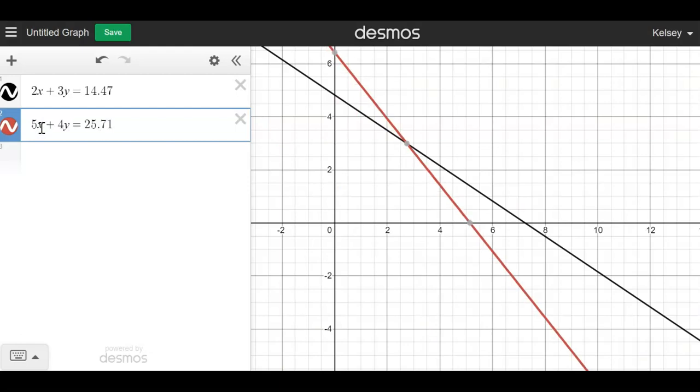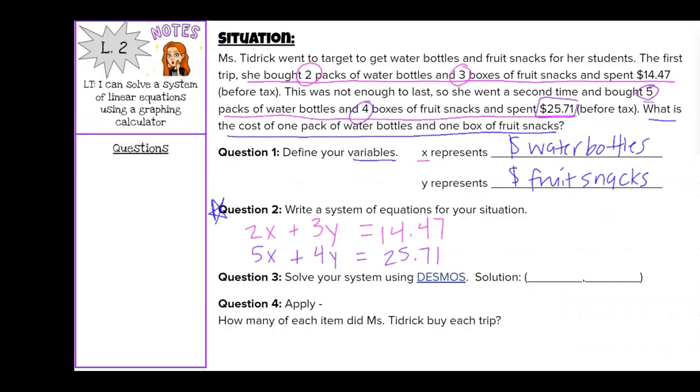And now you can see right away where the 2 lines cross. We've got this point right here. So we know our solution is (275, 299). So right here, 275 is our x number, and 299 is our y number.